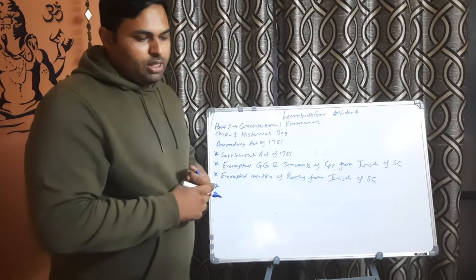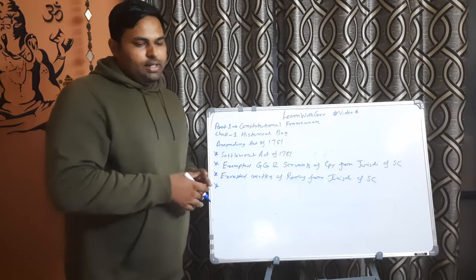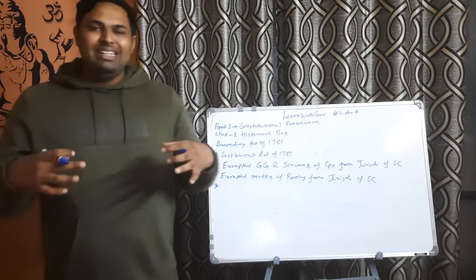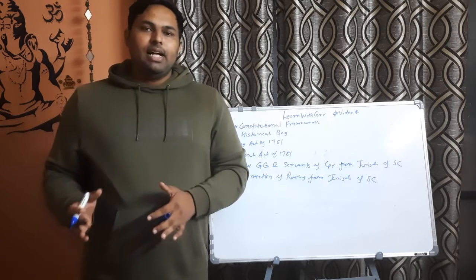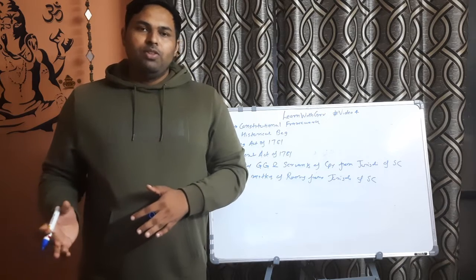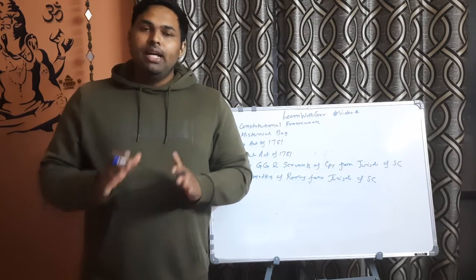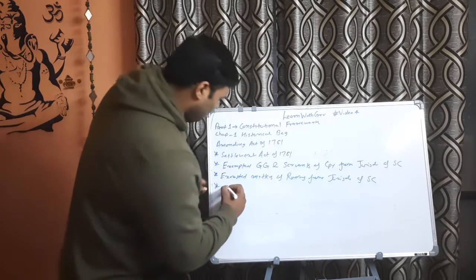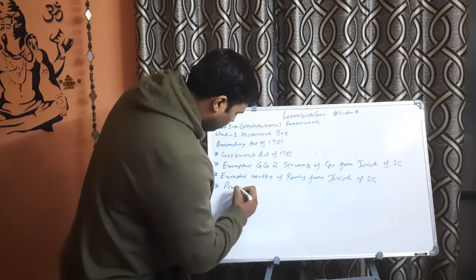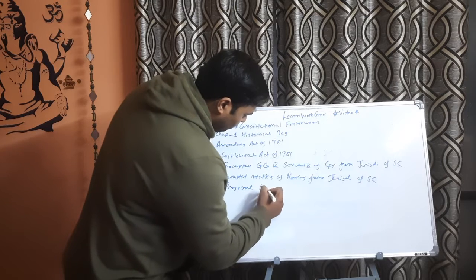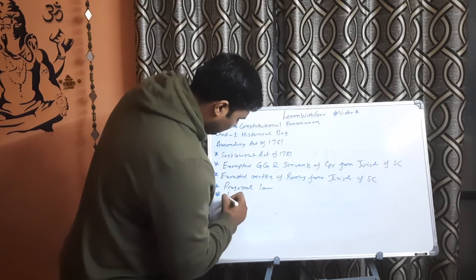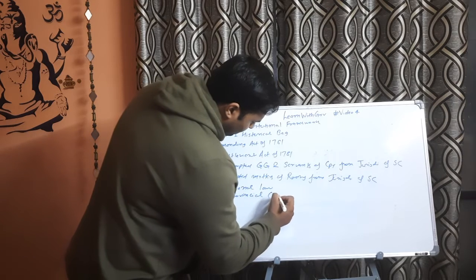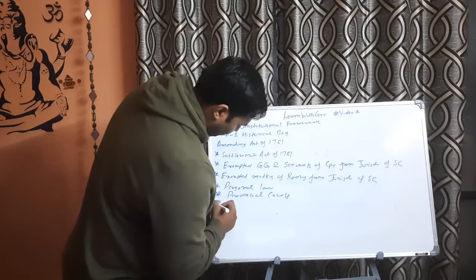Another feature was that appeals from provincial courts, that is courts within that region, should be directed to the Governor General in Council and not to the Supreme Court. So this was the point about personal law, and this was the feature regarding provincial courts.